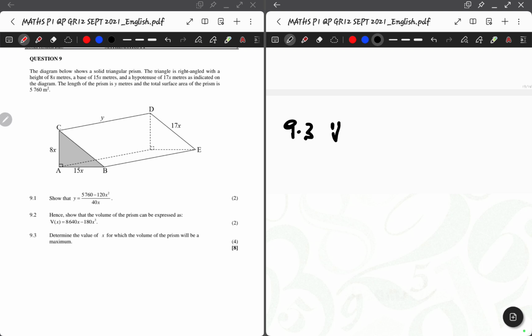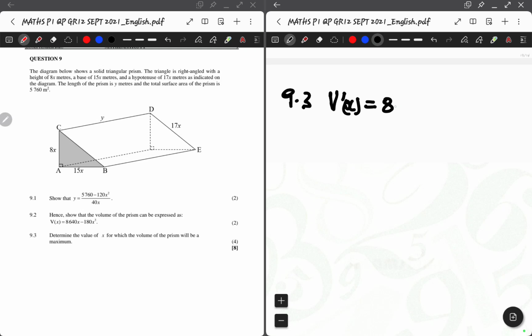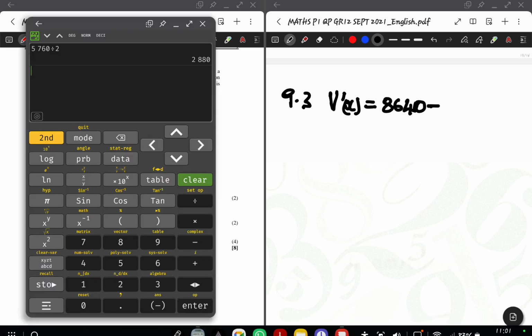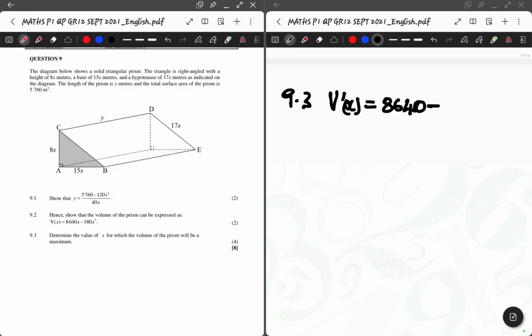We say V prime of x will be 8640 minus 180 times 3, that's 540 x squared.